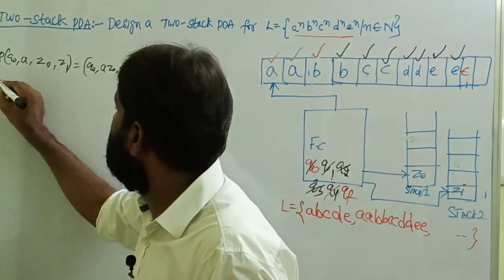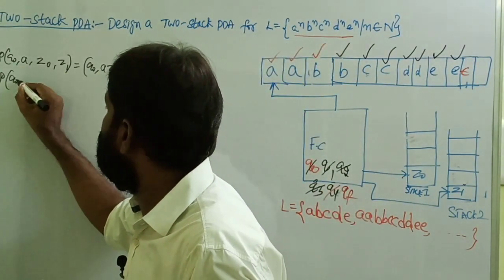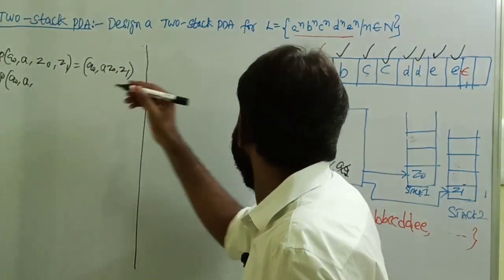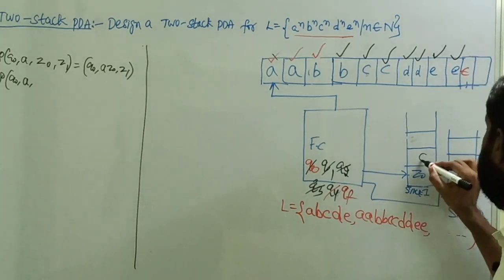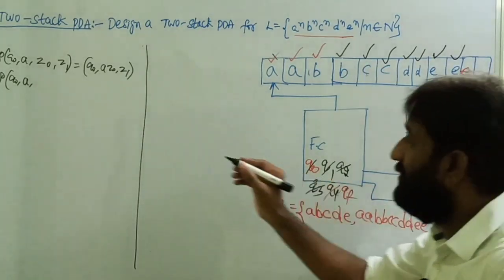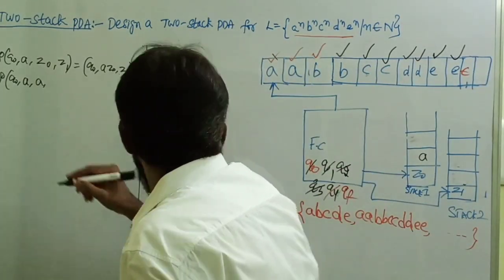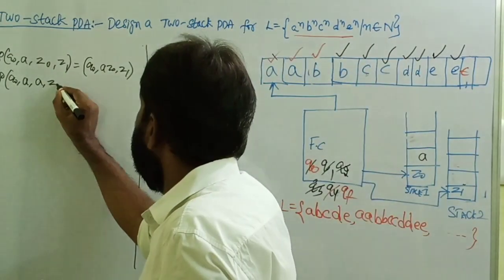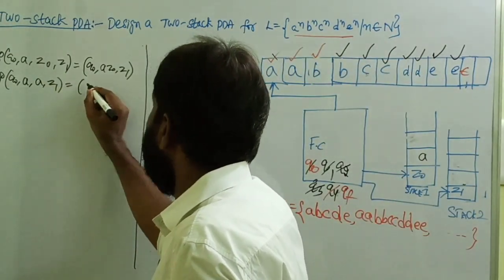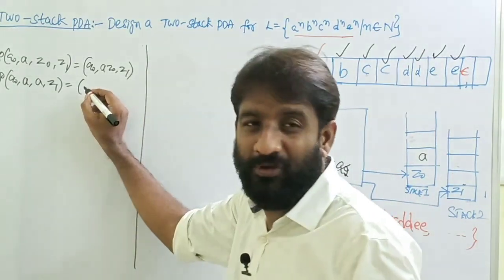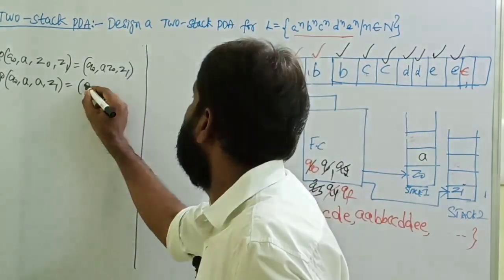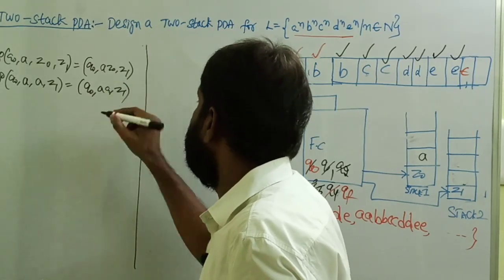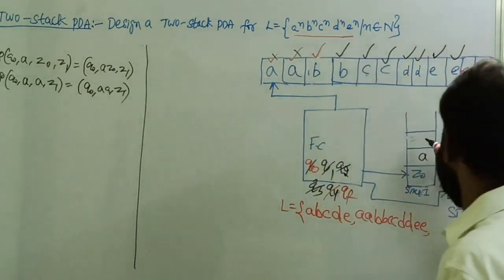Let's assume we have one more A: Q0, input symbol is A, top of stack 1 is A, since the initial A is added. Top of stack 2 is Z1, as there is no operation on stack 2, equals remains on the same state, add A onto stack 1 without doing any operation on stack 2. Q0 A Z1. Okay, so add A onto stack 1.